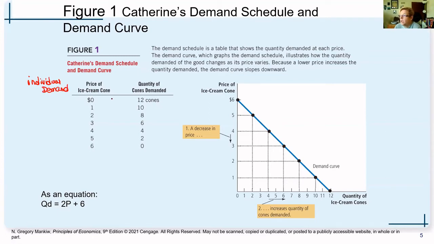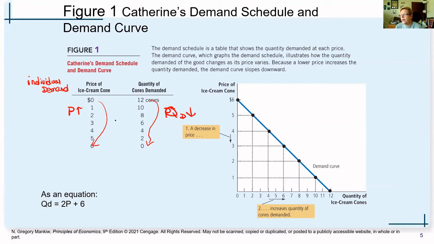As the price increases or goes up from none to, say, 6, the price is increasing. What is happening to her quantity demanded of ice cream? It's going down. Quantity demanded decreases. So that's one way we can look at this.